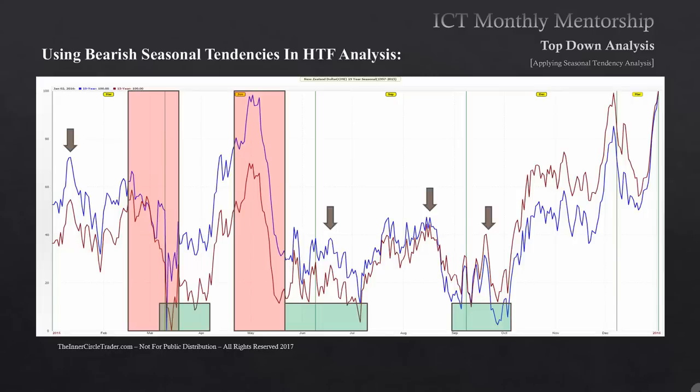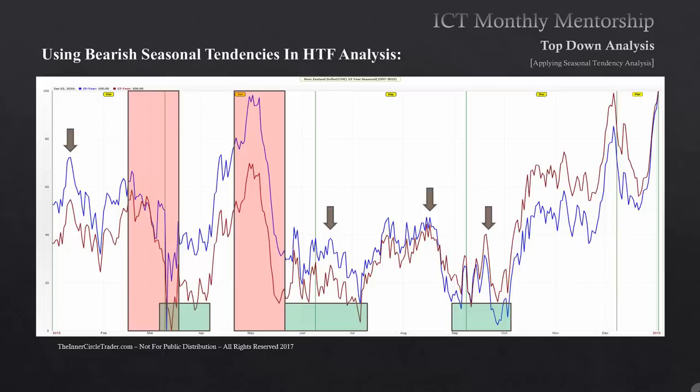There's seasonal tendencies that shift in and out of the marketplace. And depending upon what the market conditions are for that particular time or that year, one seasonal tendency is going to be favored over the other. If we're in a bullish market, obviously the March, April, June, July, and September, October time periods are going to be phenomenal buying opportunities.